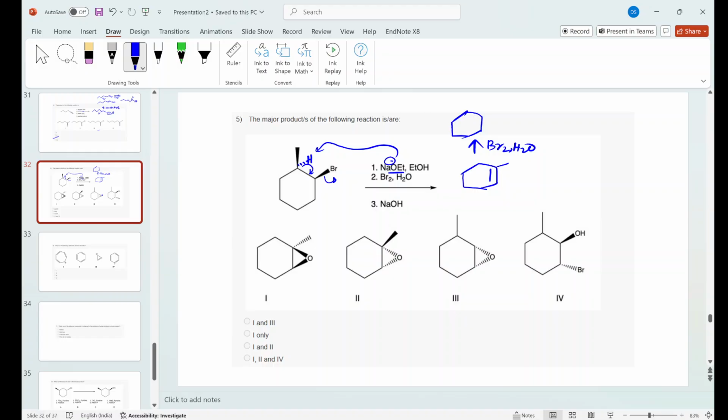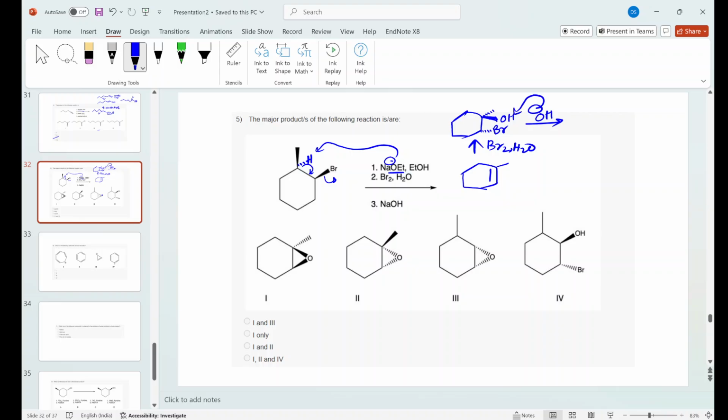So it will be trans. Let me just draw it once to your chemistry. Now you are giving base. Base, what will it do?